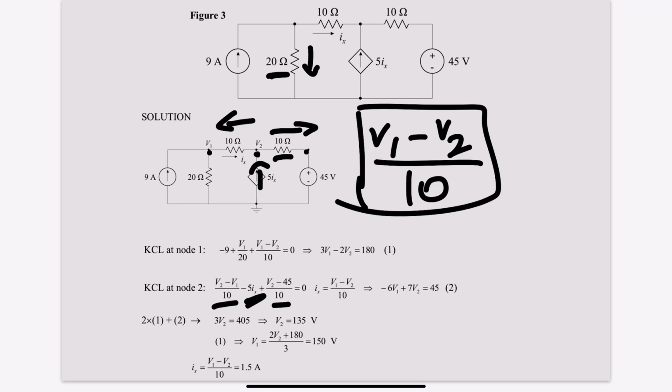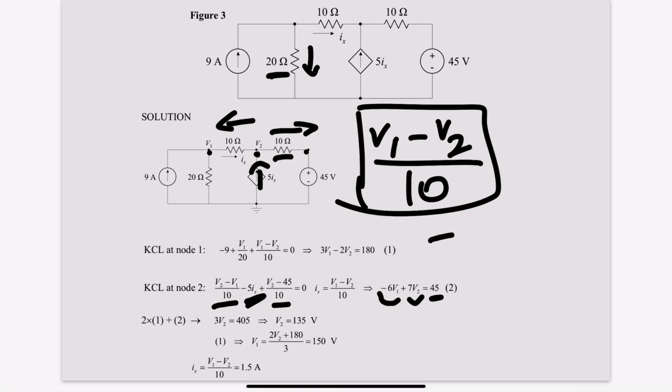We're going to multiply the whole equation by 10. So we've got V2 minus V1 minus 5V1 plus 5V2 plus V2 minus 45 equals 0. Minus 45 goes to the other side. We've got all the V1s and V2s in one area, so we've got minus 6V1 plus 7V2 equals 45.